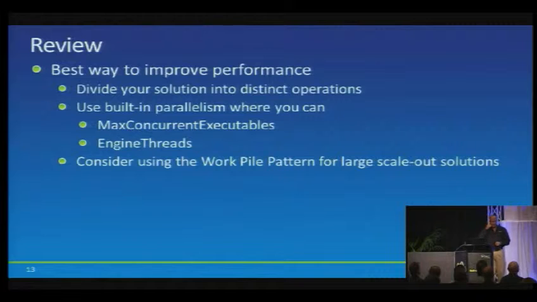All right, so quickly, the best way to improve performance is to divide into distinct operations. Keep remembering that. Get the big picture of your package and see where the dividers are. How can we group them together? We have some built-in parallelism as well. It's not only across servers. Within each Integration Services instance, you can control max concurrent executables and engine threads.